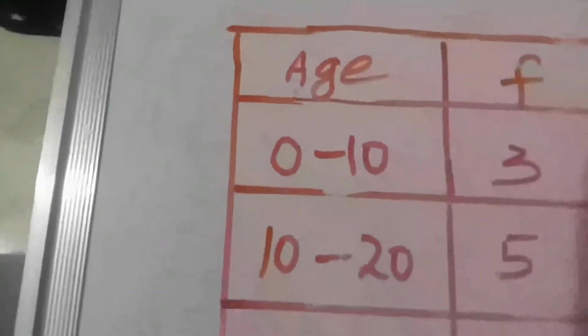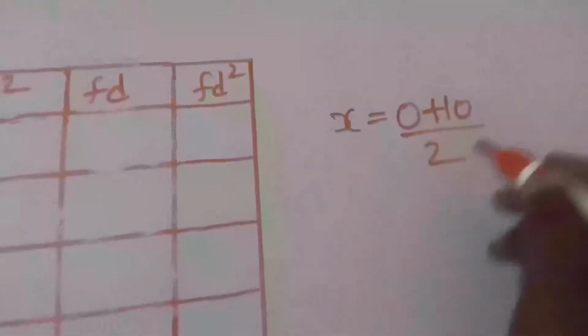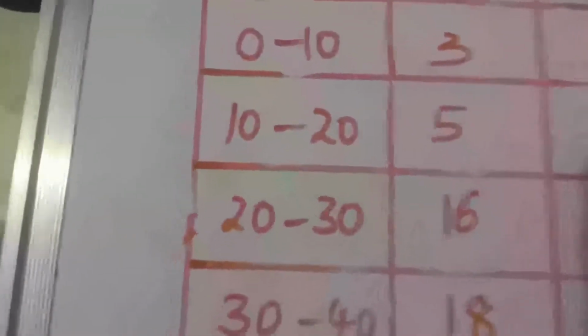So x equal to, what is the first value here? 0 to 10. That means 0 plus 10 by 2, so x equal to 5. Likewise the next one, 10 to 20.